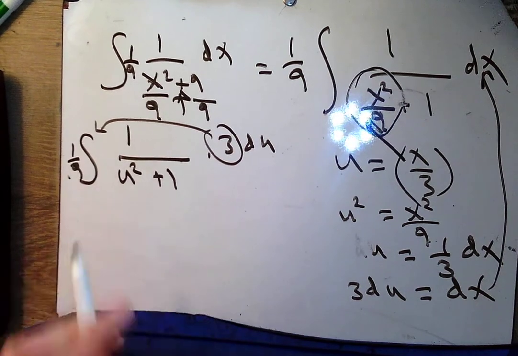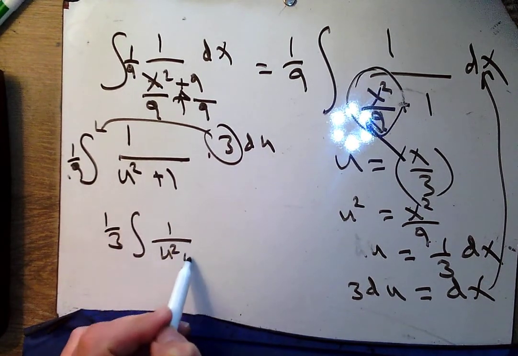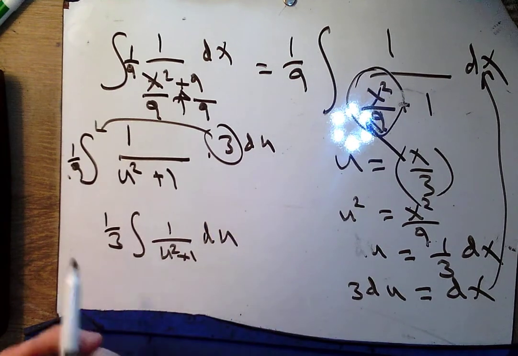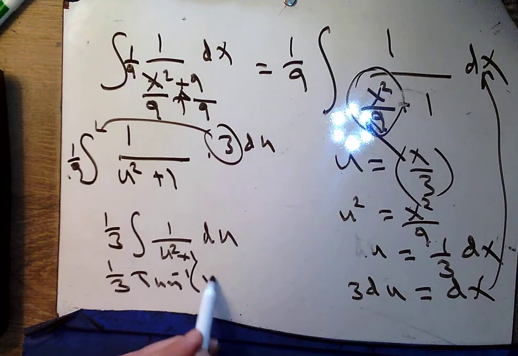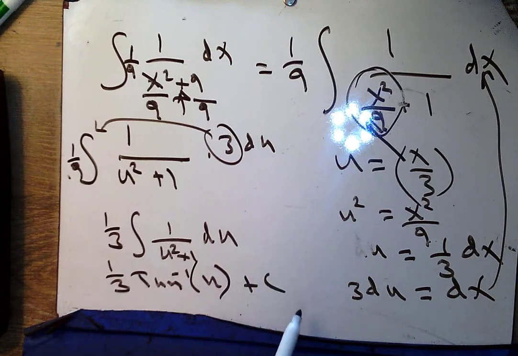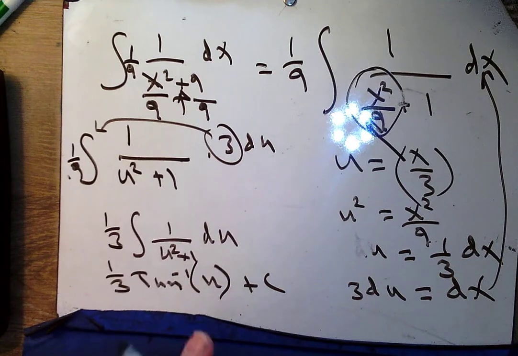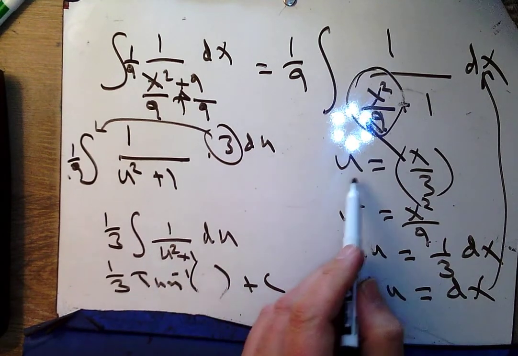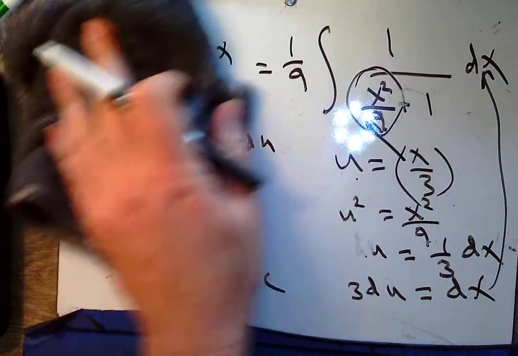Okay, so we've got 1/3 integral 1 over u squared plus 1 du. And that's going to be 1/3 tangent inverse of u plus c. Now we started with x's, so we have to end with x's. So u is equal to x over 3, so that's what I'm putting in.